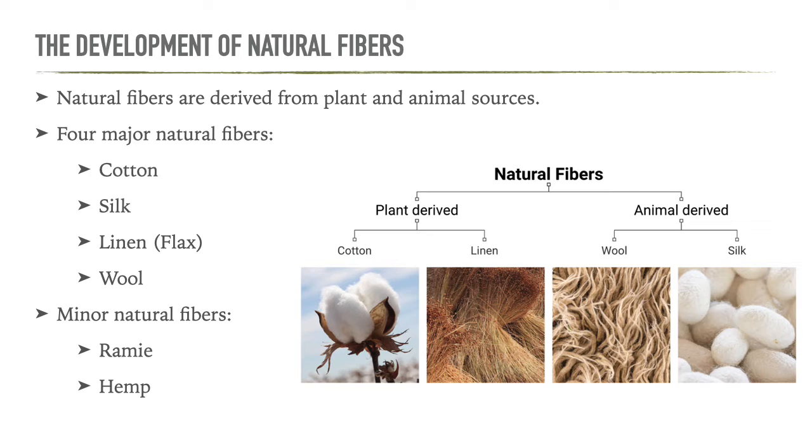Flax is derived from the stem of a plant. Linen is produced from flax that is spun into yarn and woven or knit into fabric. Flax is absorbent and breathable like cotton. However, it is twice as strong as cotton.